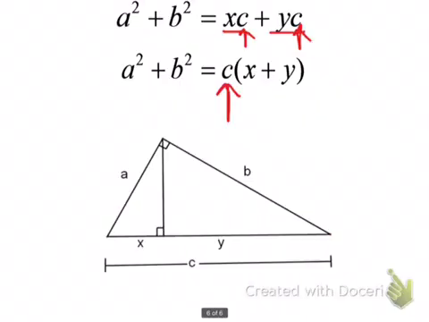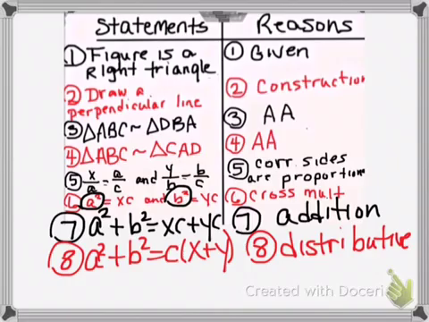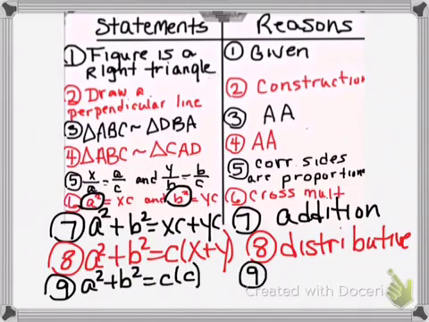And then finally, if I go back and look at the picture, X plus Y is the length of the hypotenuse. Another name for it was C. So I could substitute in. My next step would be A squared plus B squared equals C times C. And that would be substitution. And we know that C times C equals C squared.